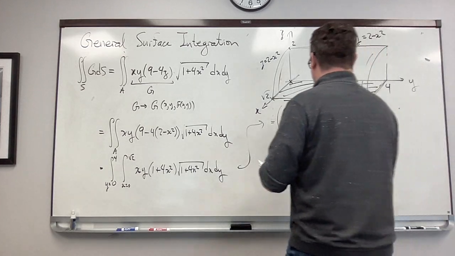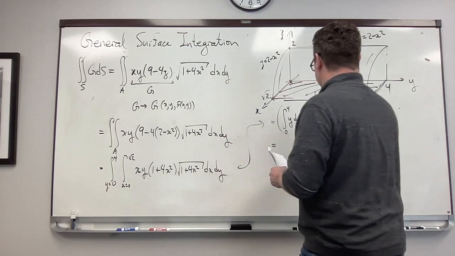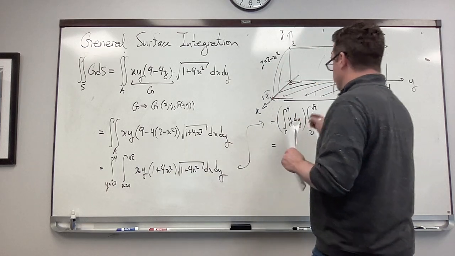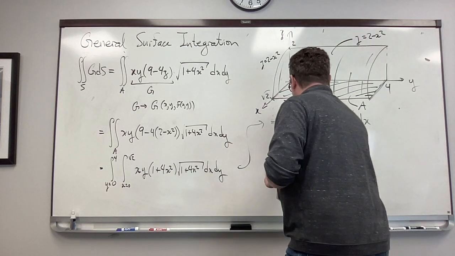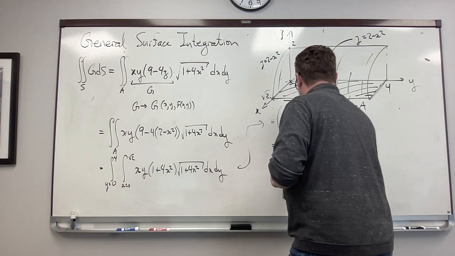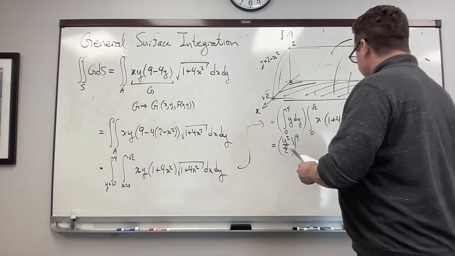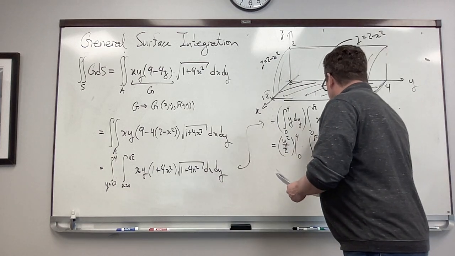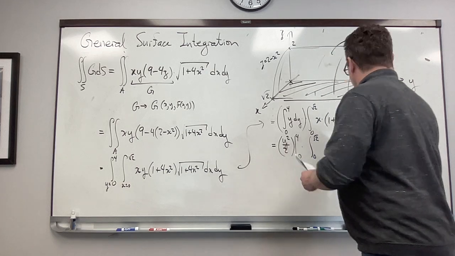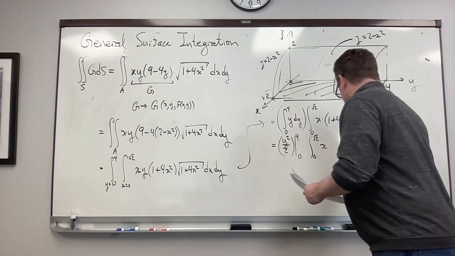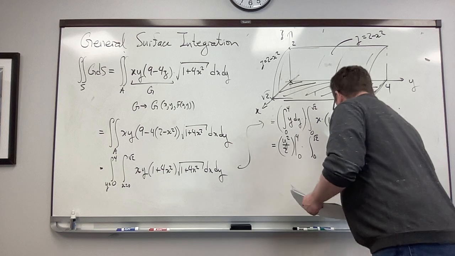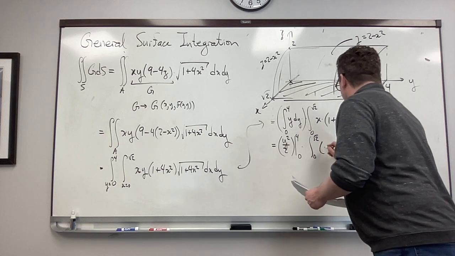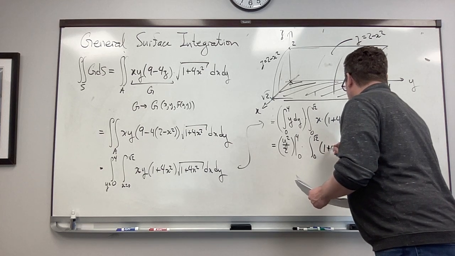So this thing becomes y squared over 2 from 0 to 4, okay? And then just leave this for a second.